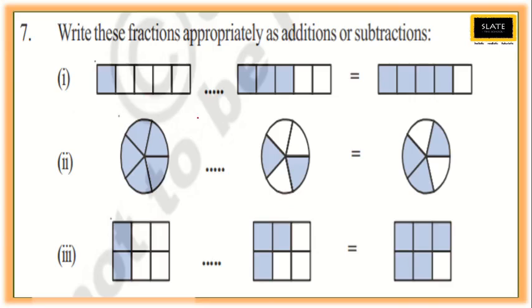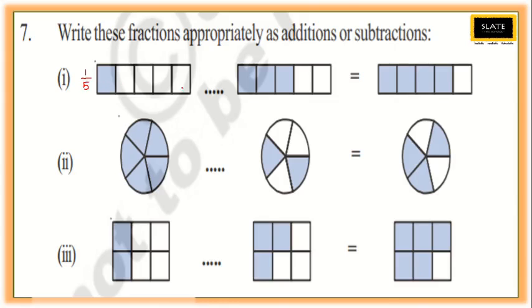See, first one, here this rectangle is divided into 1, 2, 3, 4, 5 equal parts, and one part out of 5 is shaded. 1 out of 5 parts, so it can be represented as 1 by 5, right or wrong?